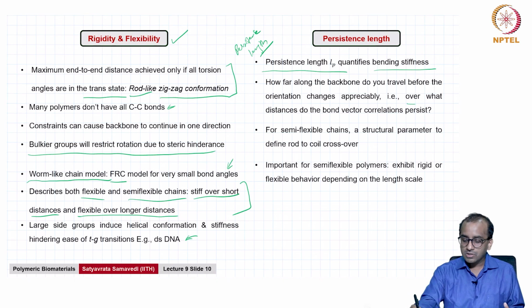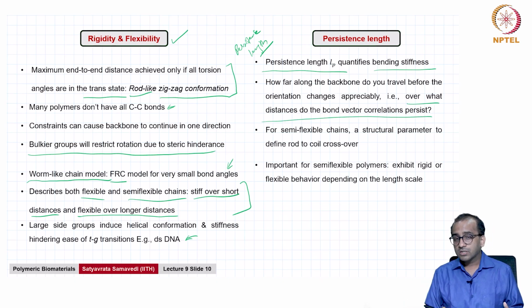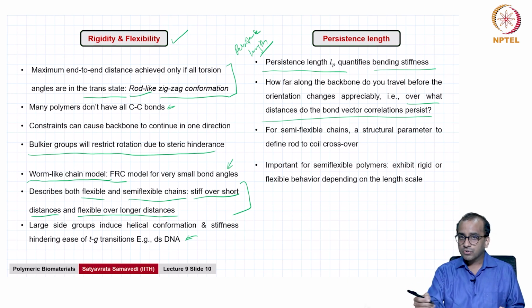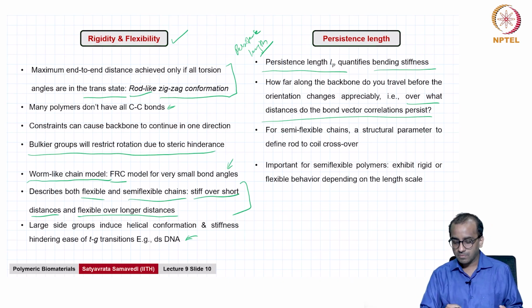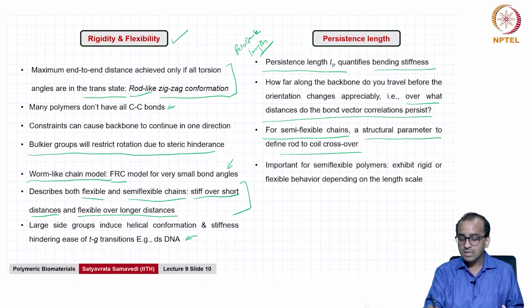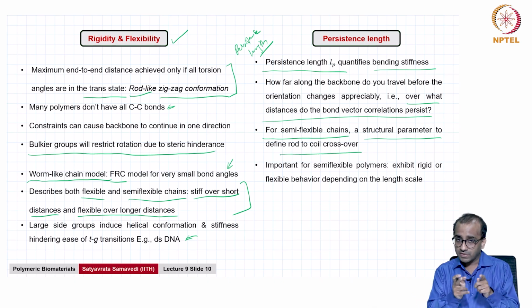In other words, over what distance do the bond vector correlations that we saw earlier persist? That can be used to define persistence length, which tells you something about stiffness. For semi-flexible chains, persistence length can be thought of as a structural parameter that defines this rod, which is very stiff, to coil crossover.